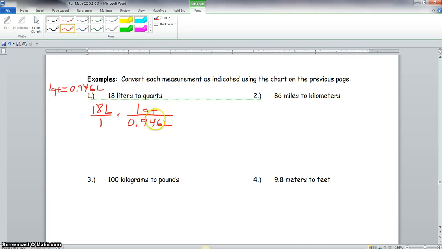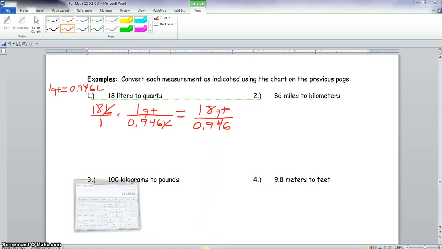So this is really being multiplied by 1. So these liters would simplify out, and we would have 18 times 1 quart will give you 18 quarts. And this will be all over 1 times 0.946 is 0.946. Now, I do not know why this line keeps coming over this 4, but it's 0.946.